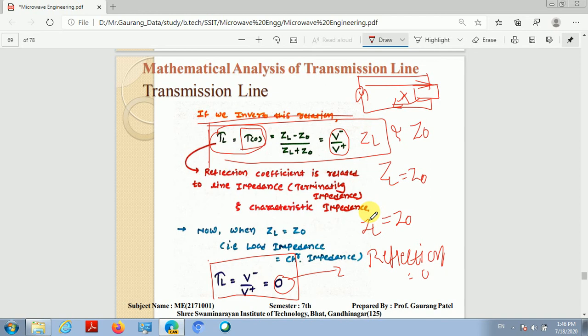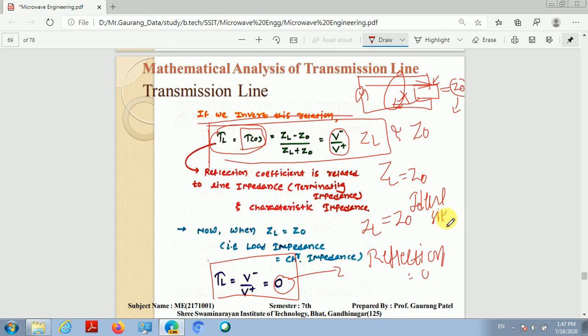If we want zero reflection on the transmission line, no disturbance coming back, then we must terminate the line with an impedance equal to the characteristic impedance. The load impedance terminating the line should be equal to the characteristic impedance of the transmission line. The value of Z naught is available from the transmission line's data sheet. So whenever we use a transmission line to transmit energy from generator to load, we must terminate the line with an impedance equal to the characteristic impedance. Then there is no reflection on the line, and this is basically the ideal situation.